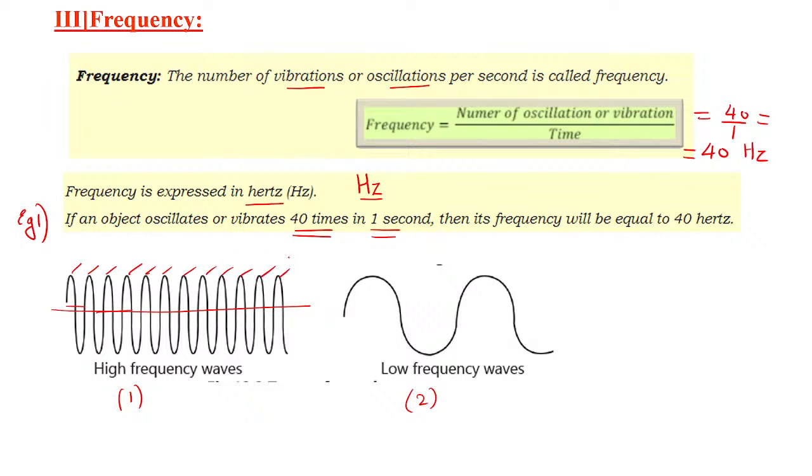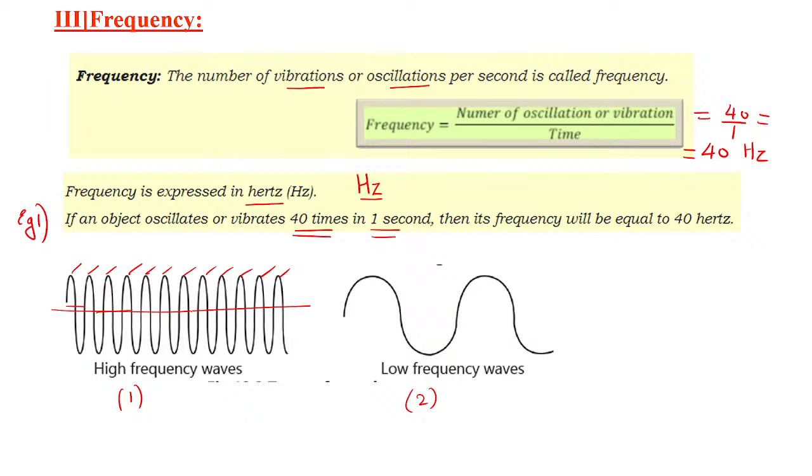If you define frequency simply, it is how many crests or troughs are formed by that particular wave in a given time, in 1 second.